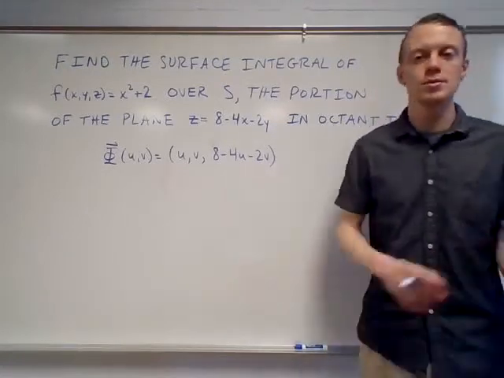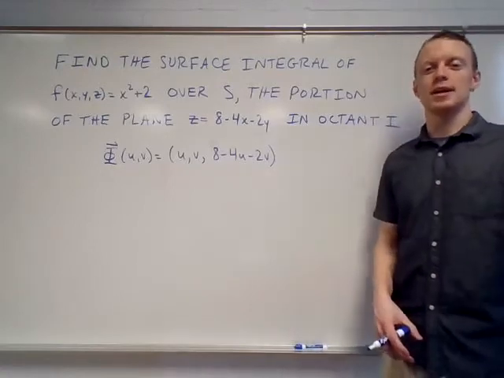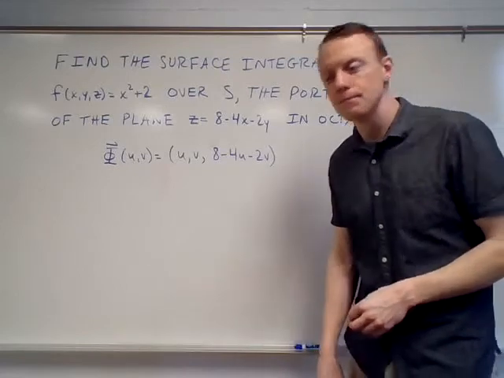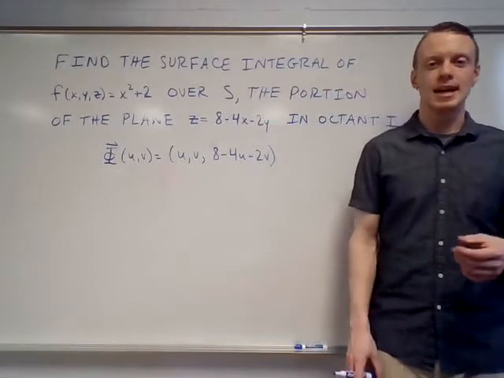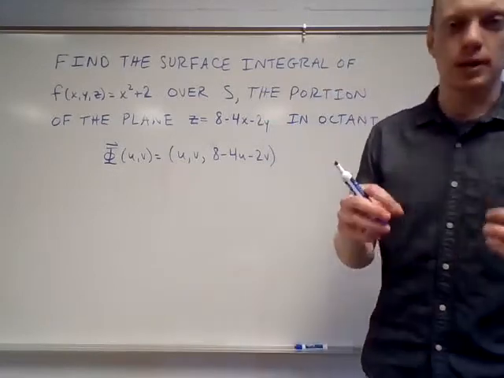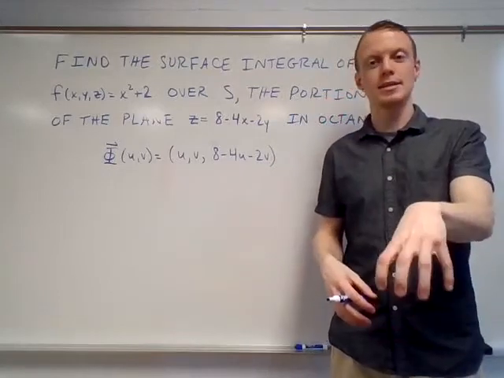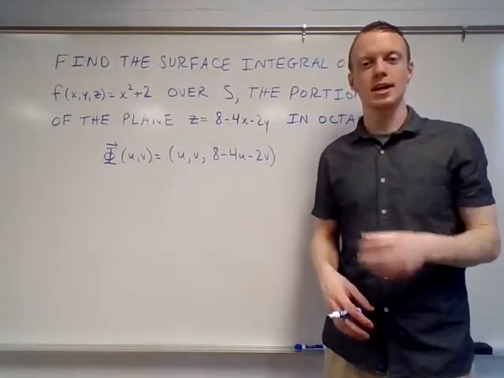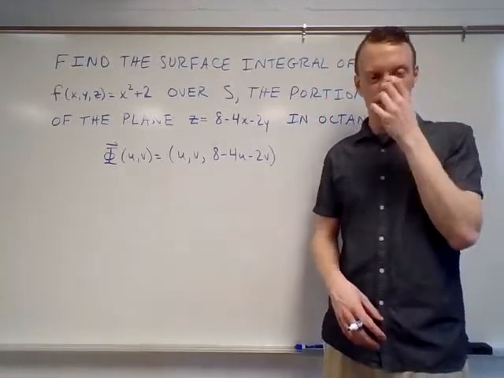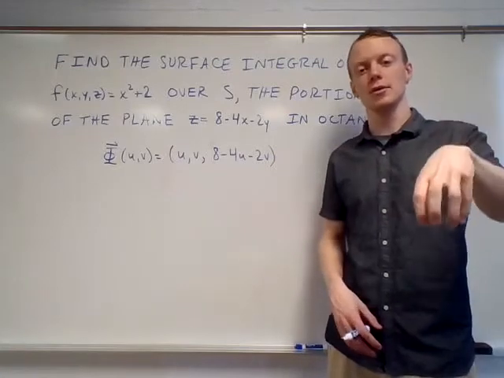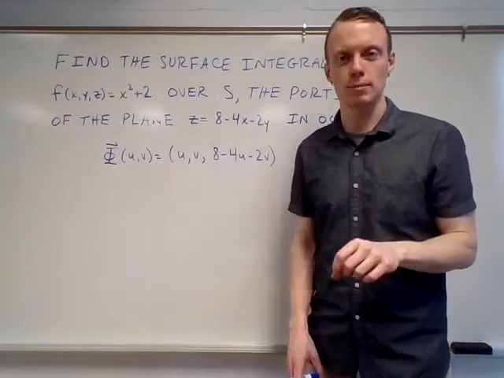Question is, what are the u and v bounds going to be for this guy here? And here's where that little extra bit of work comes in. We're concerned about the portion of this plane that lies in octant 1. So if we picture the 3D plane, and we picture looking down on the xy plane from the top, the portion of the plane that lies in this first octant is going to cast a shadow into the corresponding quadrant of the xy plane.